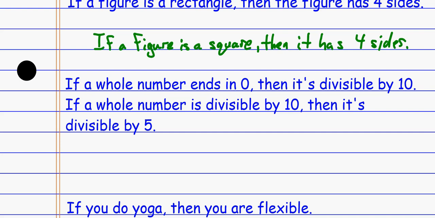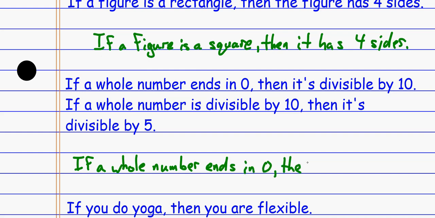But now the conditional statement that we can make is if a whole number ends with 0, then it's divisible by 5. I can jump the gap. So instead of having to say it's divisible by 10, and then if it's divisible by 10, it's divisible by 5, I can jump to this if-then statement: if it ends in 0, then it's divisible by 5.